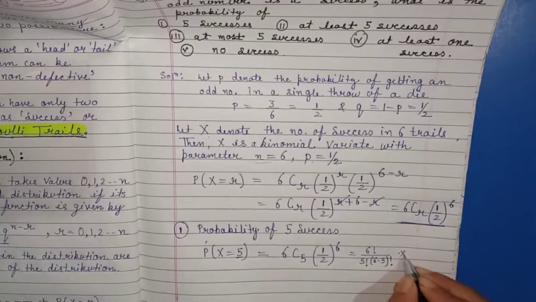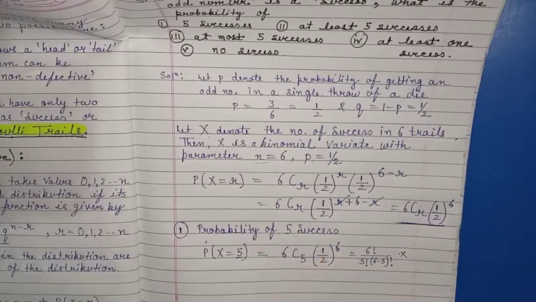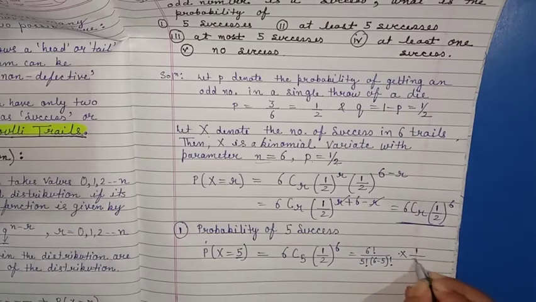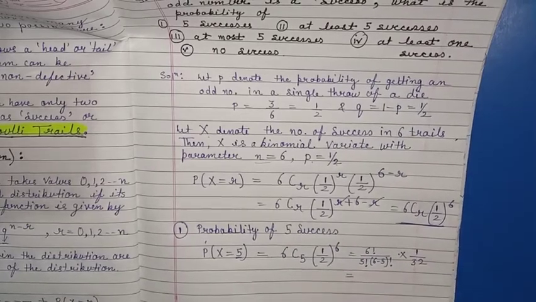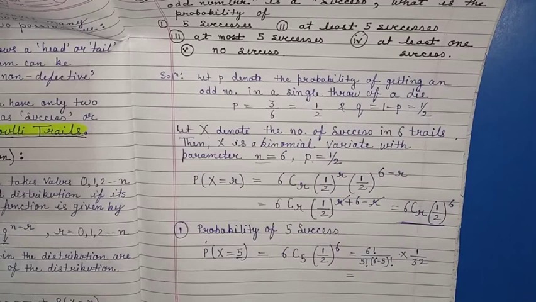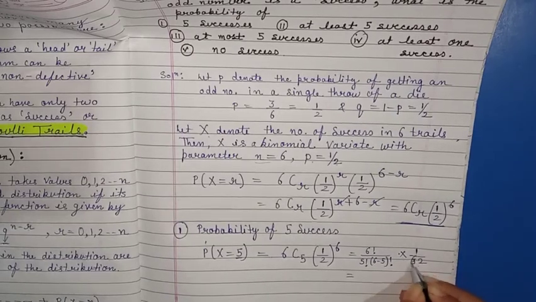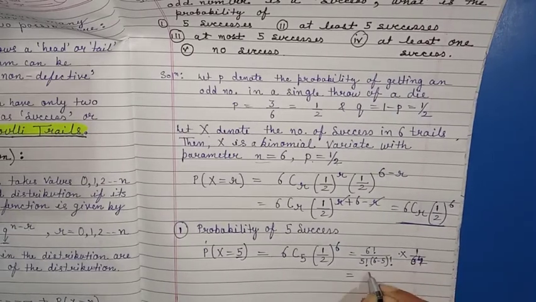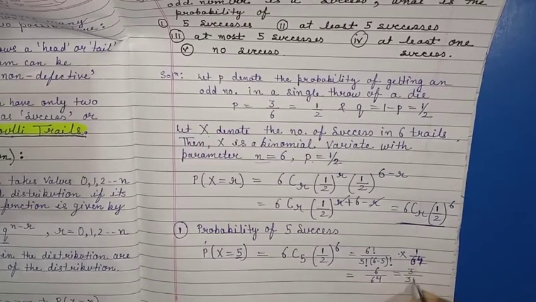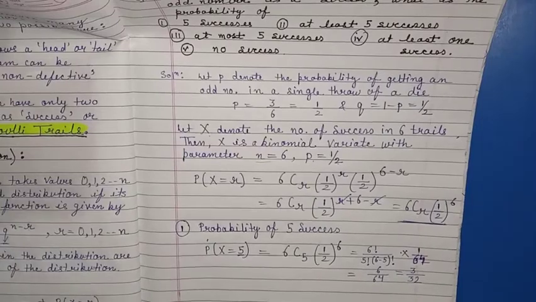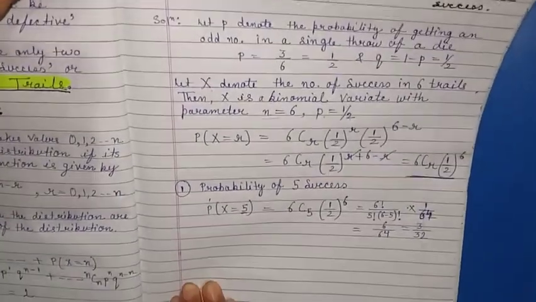And if you multiply 2 six times, you will get 64. So you will get 6 by 64. If you calculate this, it will be 3 by 32. Understand, this is the formula. With the help of the formula we have solved the first one.